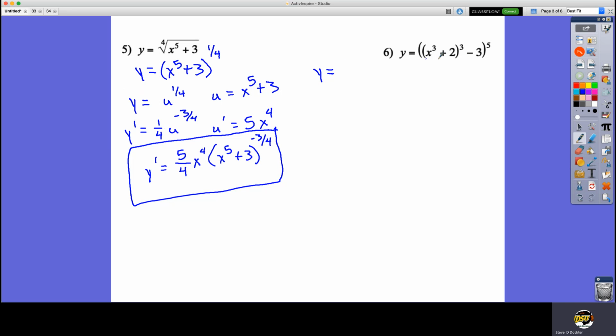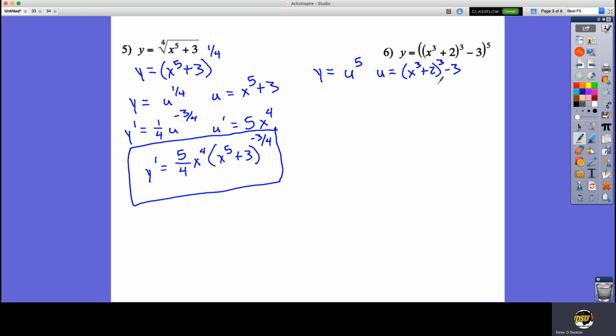Okay. So y equals, now what we're going to do is, first of all, replace this big set of parentheses. So we've got u to the 5th. Then what is u? u is everything inside that: x cubed plus 2 raised to the 3rd power, minus 3.